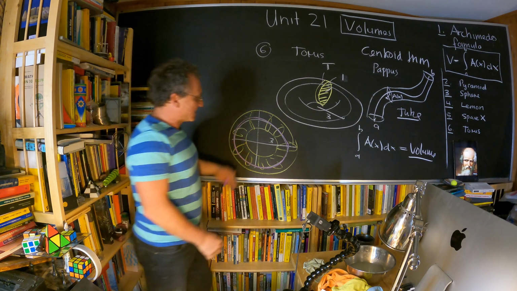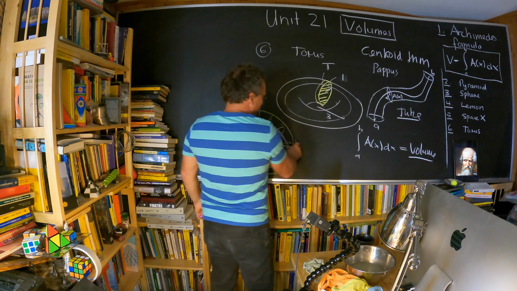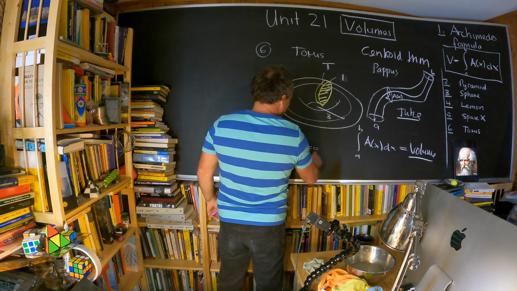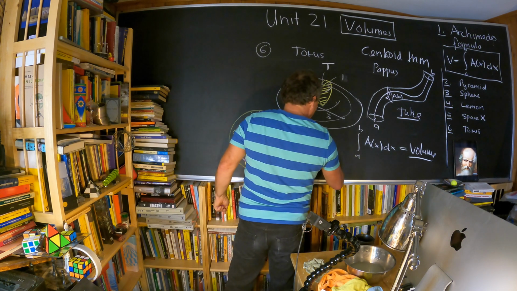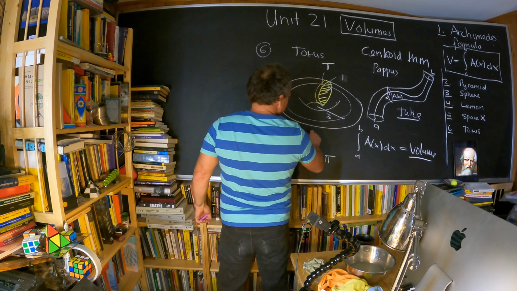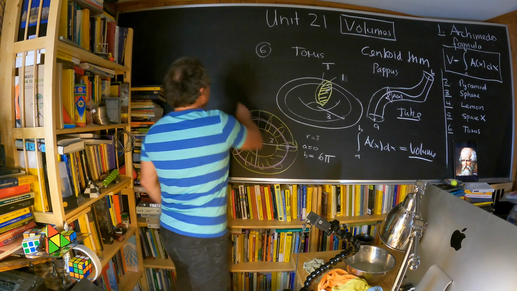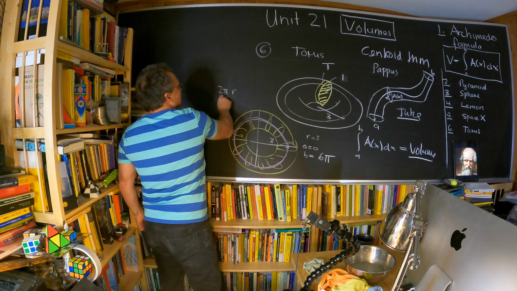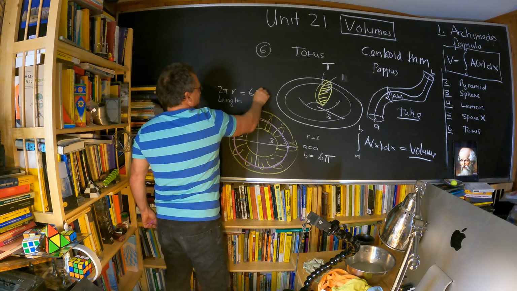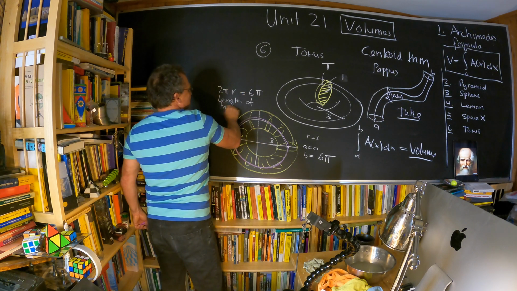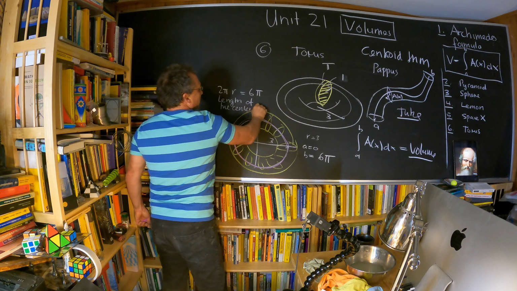So what we have here is the length of this thing. So we go a equals 0, b equals 2 pi, and the radius is 3, which gives 6 pi, because 2 pi r is the length. So 6 pi is the length of the center curve.